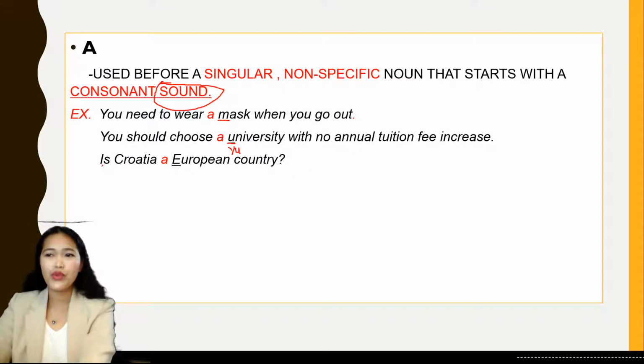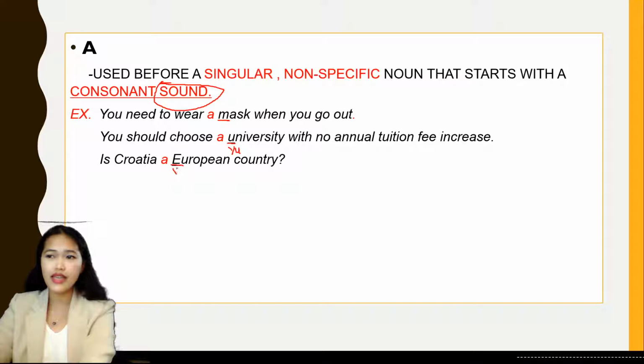Next, we also have the same with university. We have Croatia. This is question 4: is Croatia a European country? So we have the word European, which starts with a vowel letter.